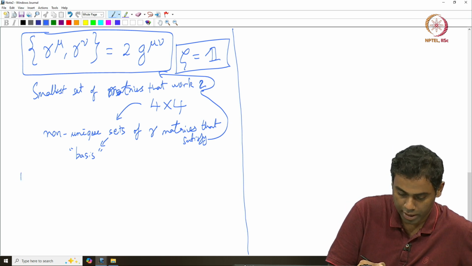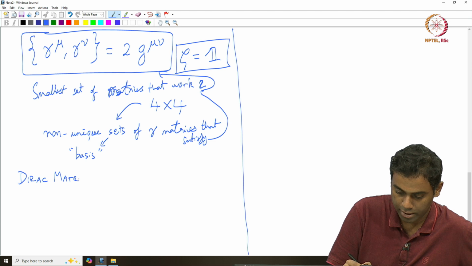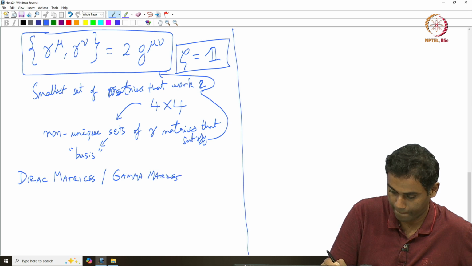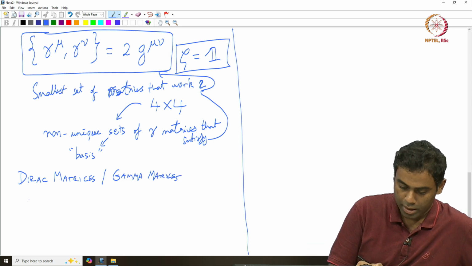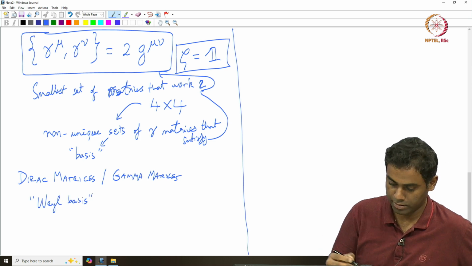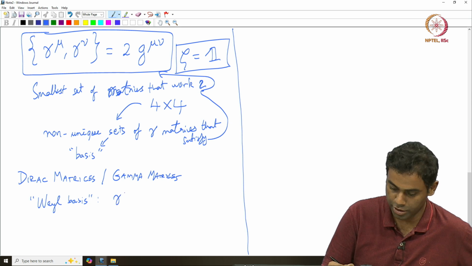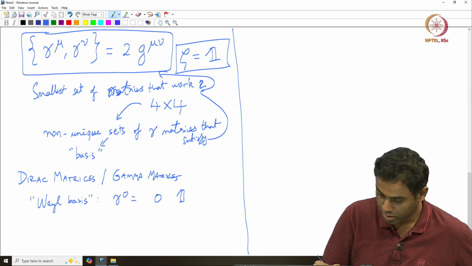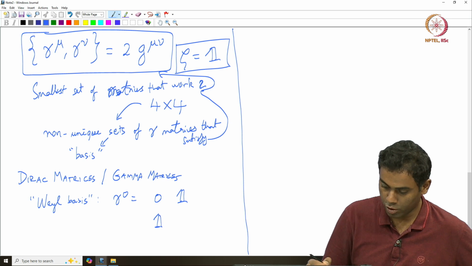So let me write. There are 2 names for these: Dirac matrices or just gamma matrices. And in the Weyl basis, which is my favorite basis, gamma 0 is 0, 1, 1, 0, where that is not a 1, that is an identity.